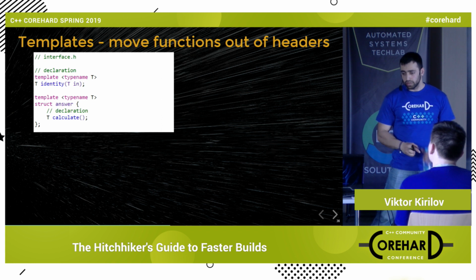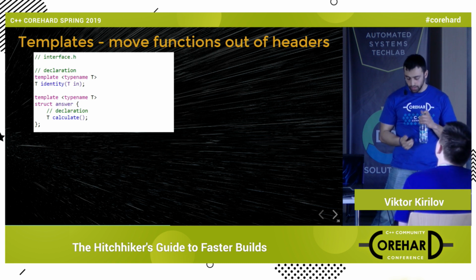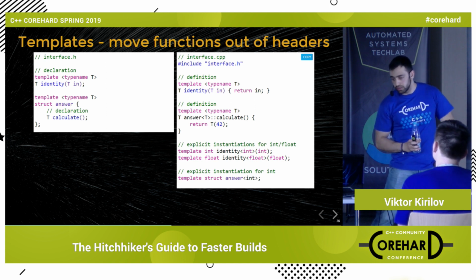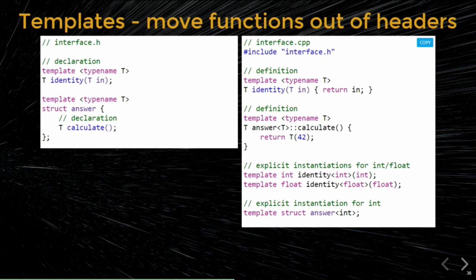Okay, we can even move entire function bodies of templates outside of header files. And suppose here is the implementation of this interface, and both the identity and the calculate method are defined over there. But now, if we want to use these templates with given types in our project, we have to make sure that they are explicitly instantiated in the source file where they're implemented.